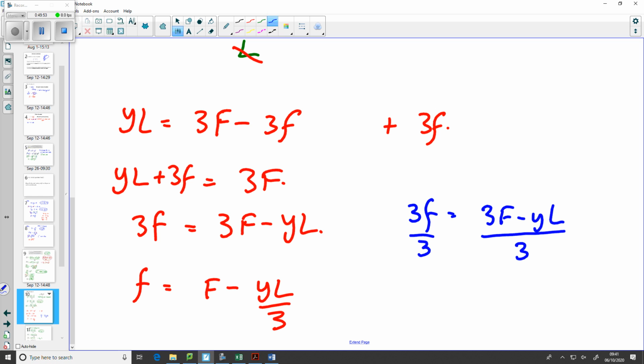But with that part of it, that can be written as 3f over 3 minus YL over 3, and then that side cancels. So that's the right answer as well. If you give these variables some numbers in either that or the final answer we got, you'll get the same result.